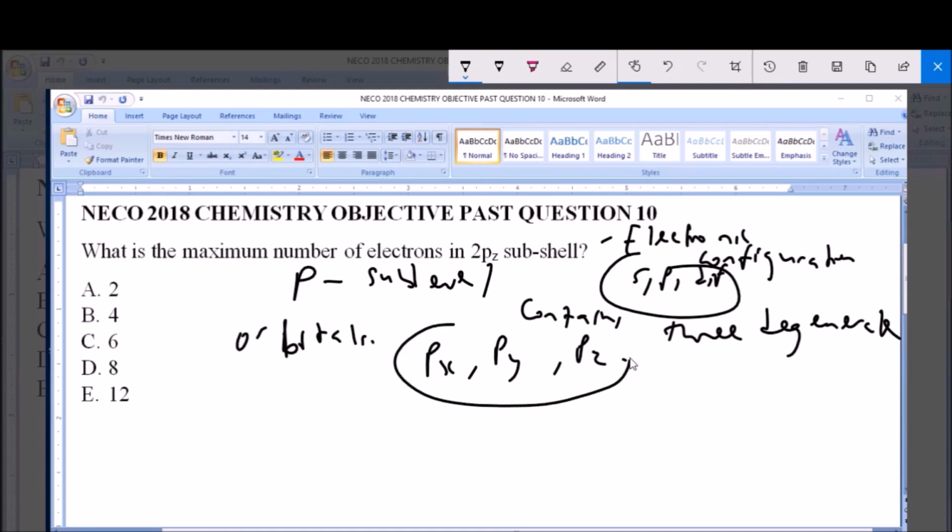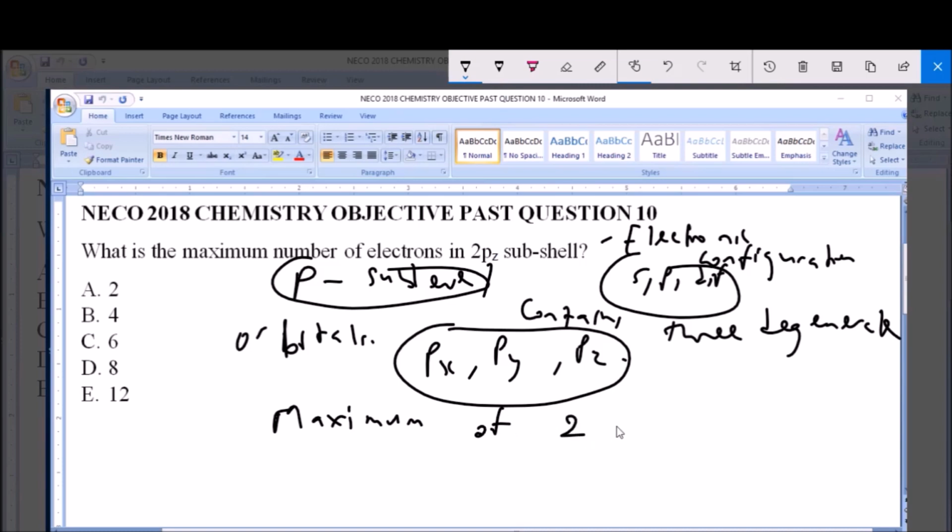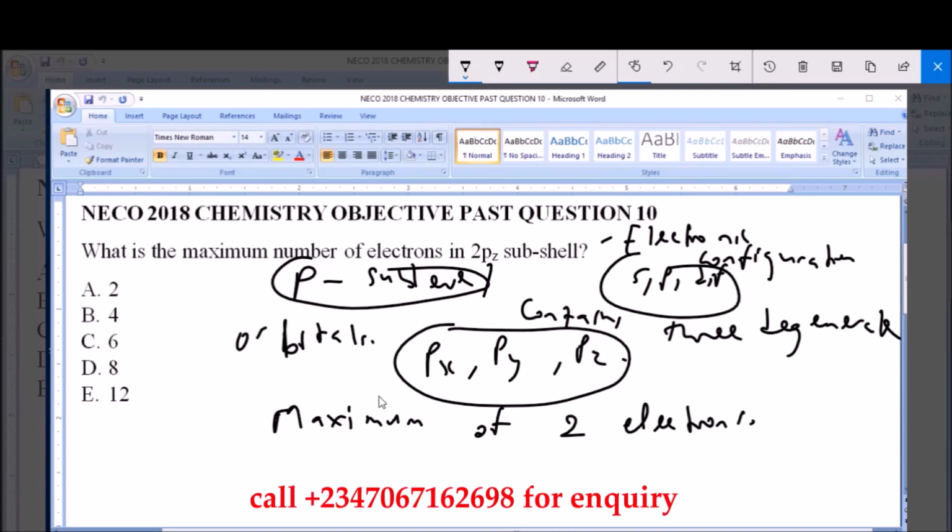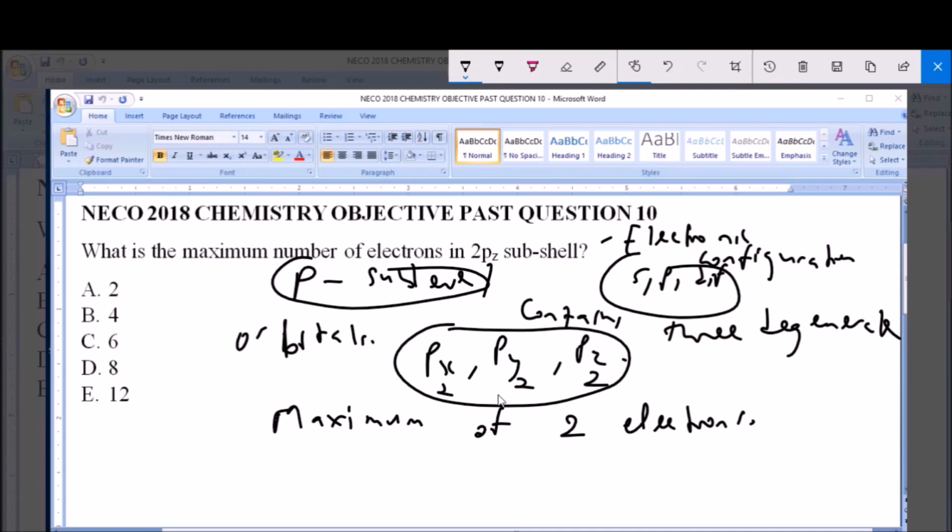These are the three degenerate orbitals under the P sublevel when you are using this electronic configuration, the SPDF electronic configuration format. Now, each of these degenerate orbitals can hold a maximum of 2 electrons. So px can hold 2, py can hold 2, and pz can hold 2 electrons. So each of them can hold a maximum of 2 electrons, and it has pz, 2pz. So as we have already established, the pz holds a maximum of 2 electrons. So option A, 2, is the correct answer to this question.